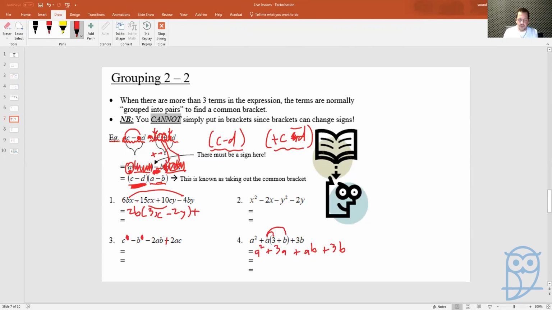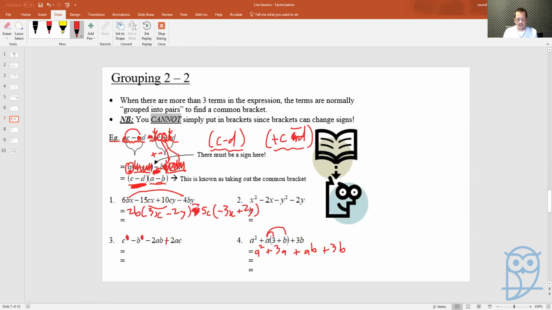All right. So then we have a common factor here, common factor of a 5c. And then we have divide by 5c here, leaves me with minus 3x. And divide by 5c here, leaves me with a plus 2y. Now we notice these signs are opposite, which means I chose the wrong one.